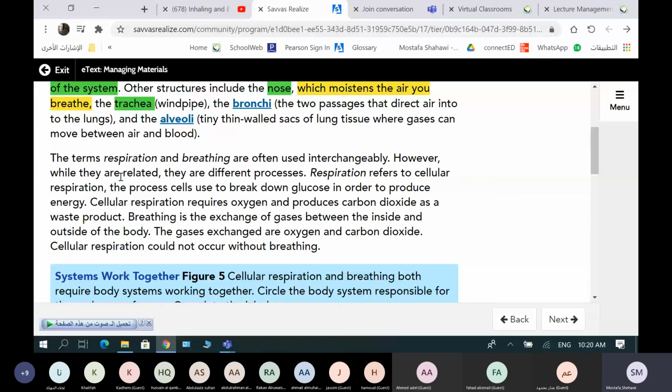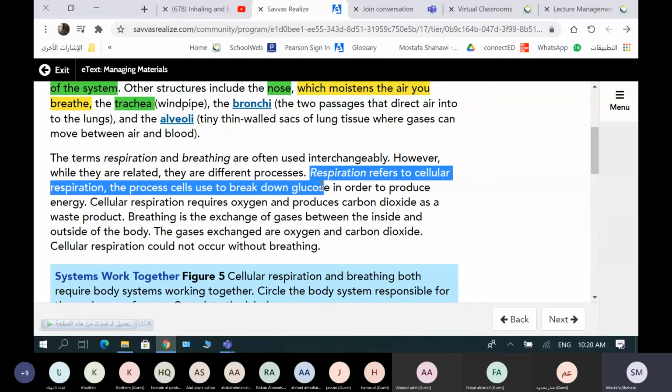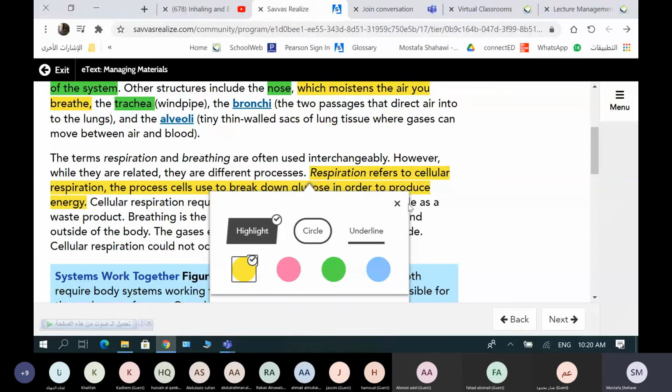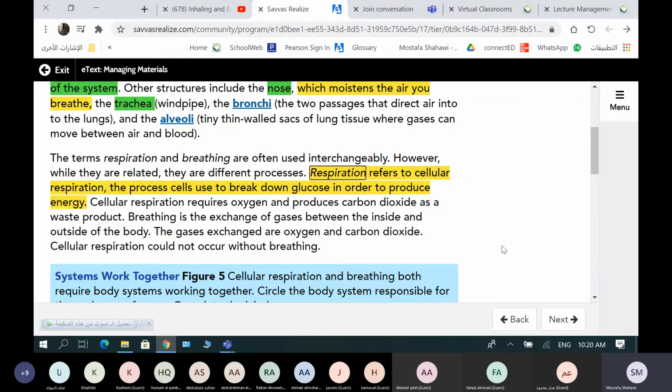The terms respiration and breathing are often used interchangeably. However, while they are related, they are different processes. Respiration refers to cellular respiration, the process cells use to break down glucose in order to produce energy.